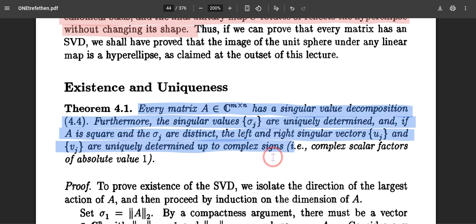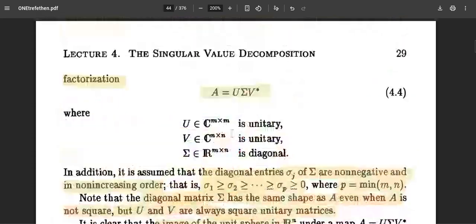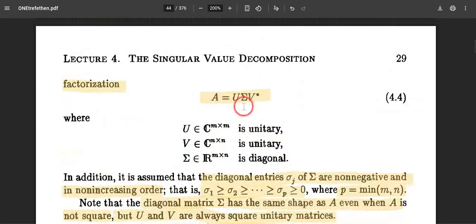So it means that every matrix can be decomposed by a singular value decomposition, which is a matrix factorization with a unitary matrix of left singular vectors, and a diagonal matrix with entries of singular values. At most, the number of non-zero values depends upon the rank of the matrix.